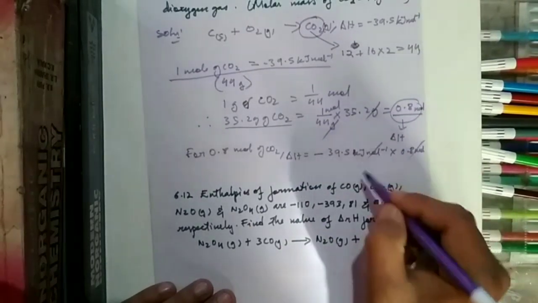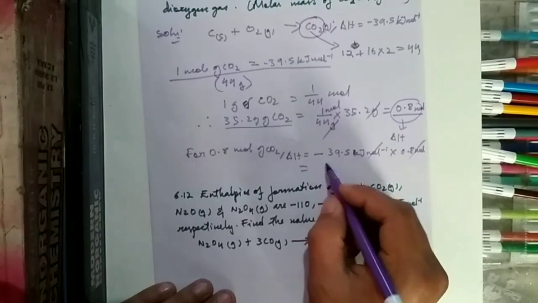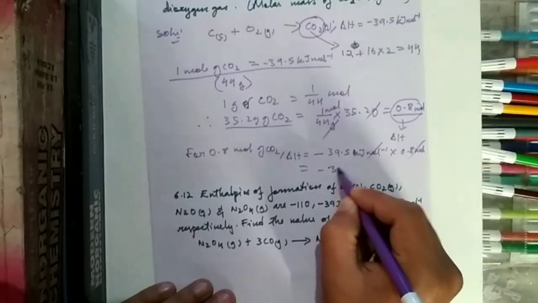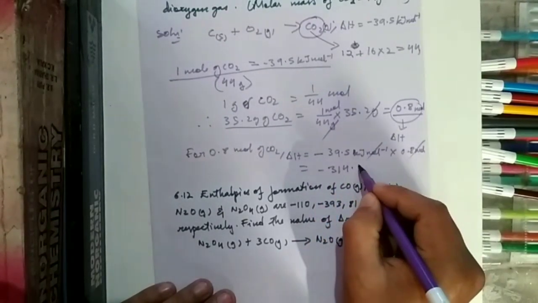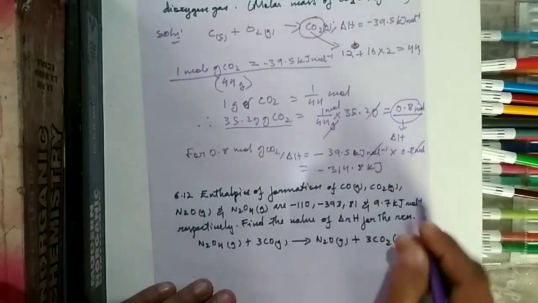So we just cancel this. What we will get is minus 314.8 kilojoule.